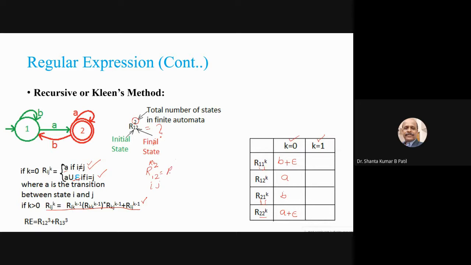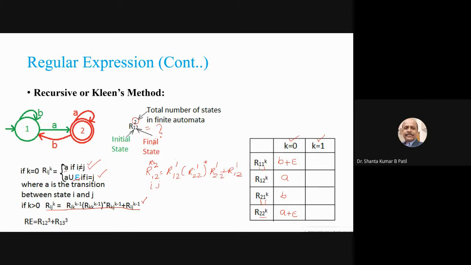I is 1, k is 2, 2 minus 1 is 1, into the bracket r kk to power k minus 1, 1 star, r kj, k is 2, j is also 2, so k minus 1 is 1, plus rij, I is 1, j is 2, so 2 minus 1 is 1.